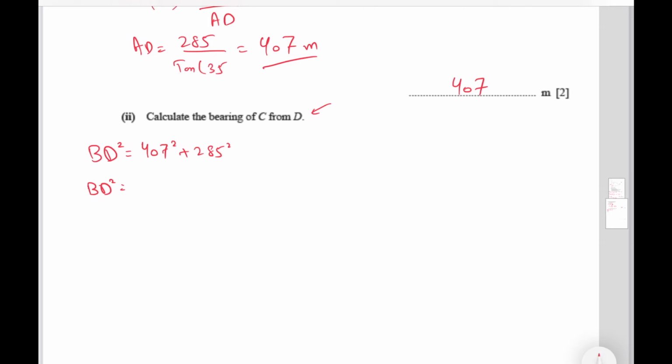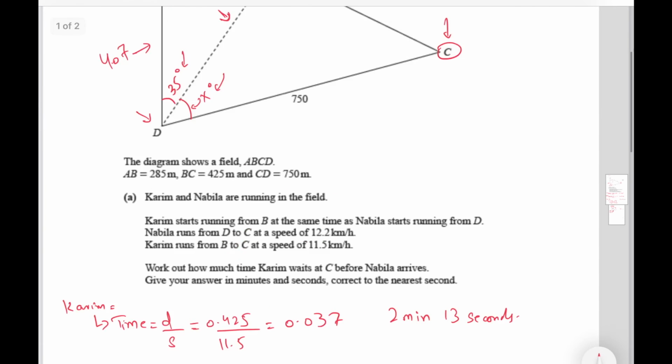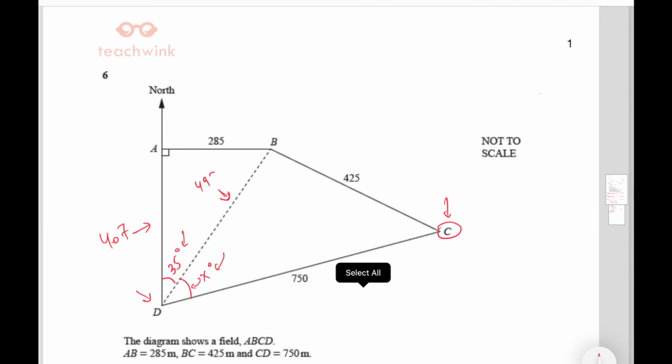This should give us 246874, and then we find the square root on both sides. So BD is going to come out to be 497 meters. So we have this length as 497 meters.